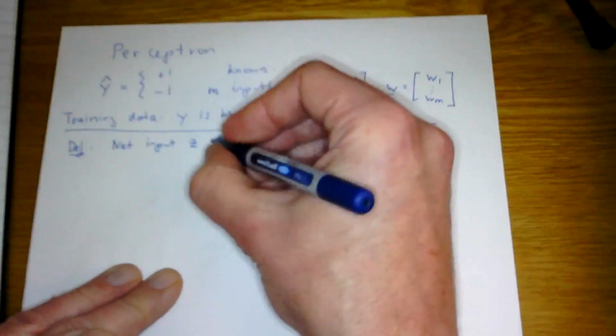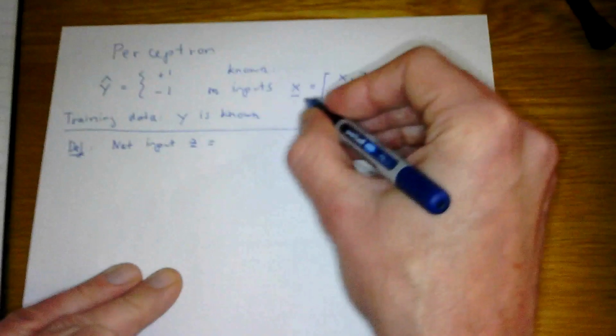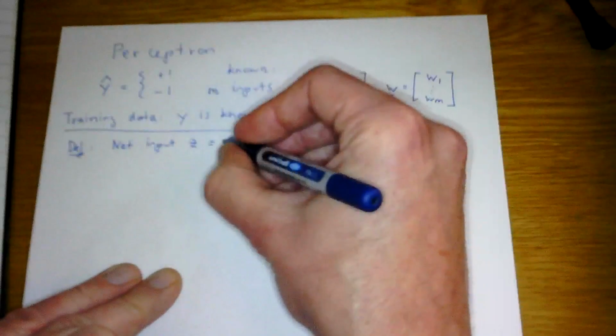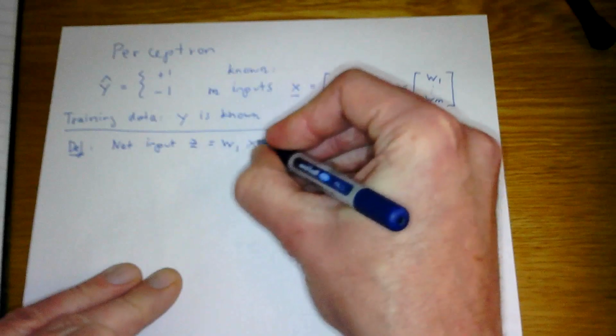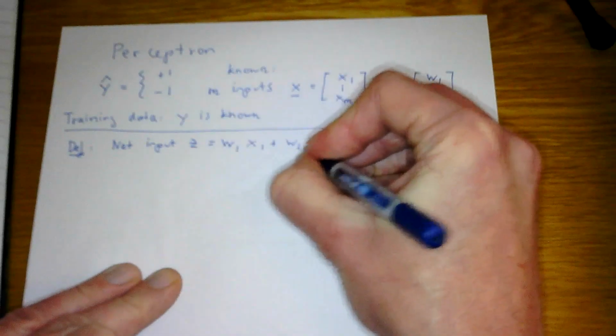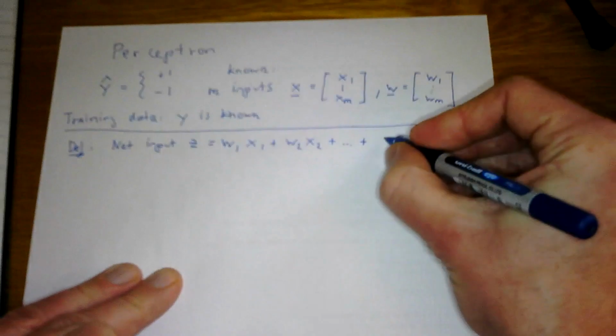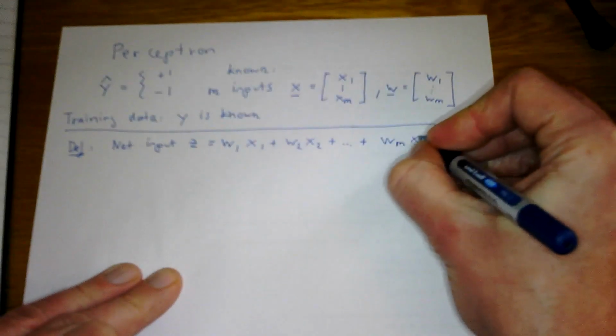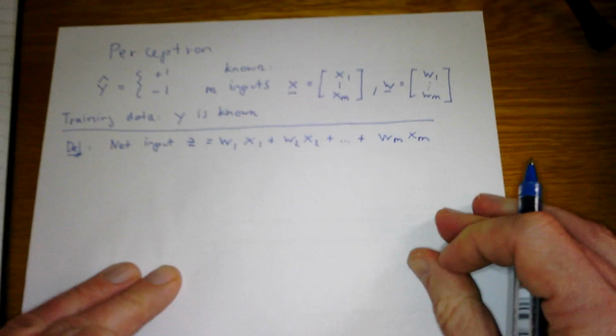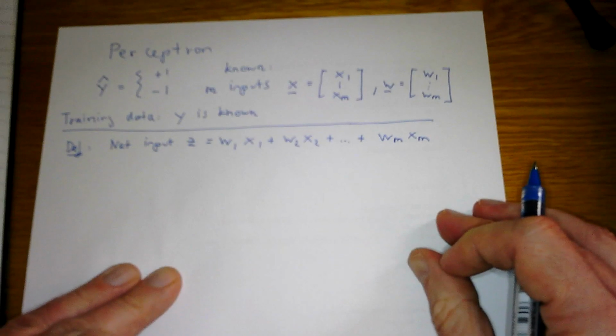So what it does is it takes all these inputs and the associated weights and adds them up. Yeah, so basically this is the operation done by the net input. Yes, it's a weighted sum of all the inputs.